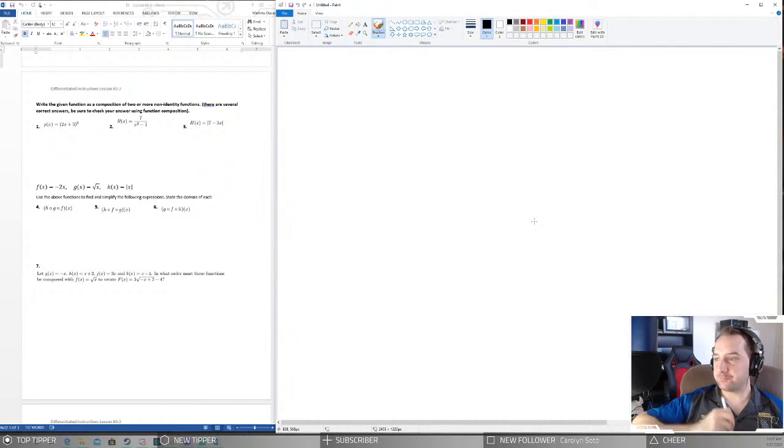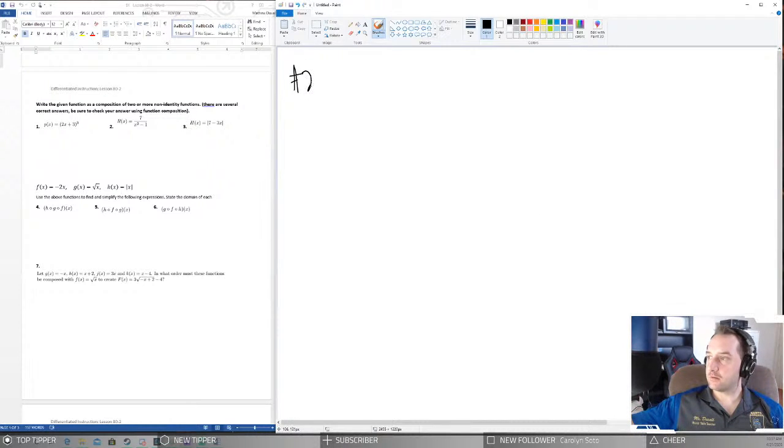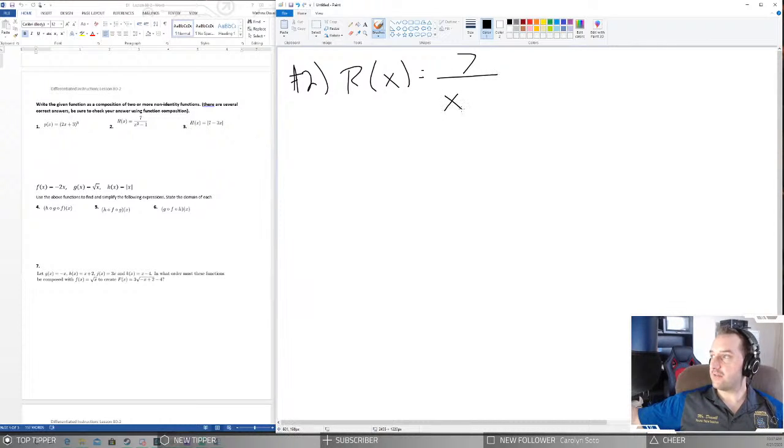All right. So let's look at number 2. A simple way of writing this one, if I have 7 over x squared minus 1, I could look at this as 7 over x, and then what's getting plugged in for x is the x squared minus 1.